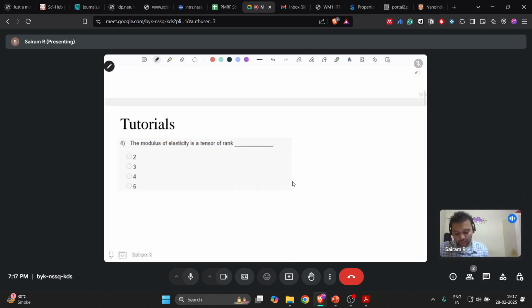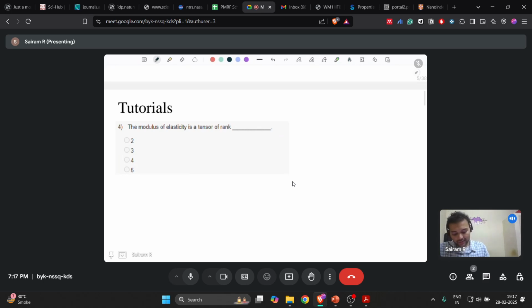What about the modulus of elasticity? Once again, sigma ij equals E ijkl epsilon kl, where this is the modulus of elasticity, or Young's modulus, as you all know.